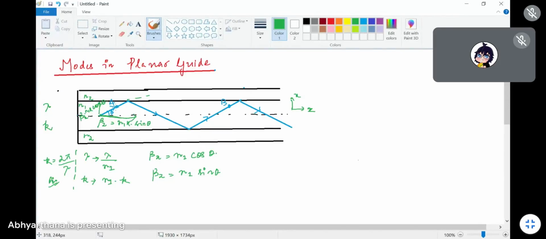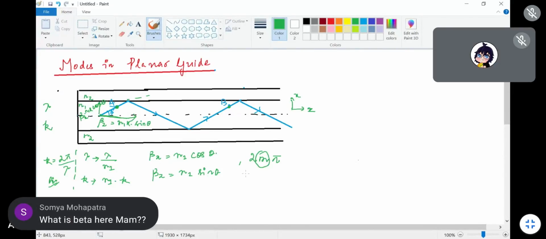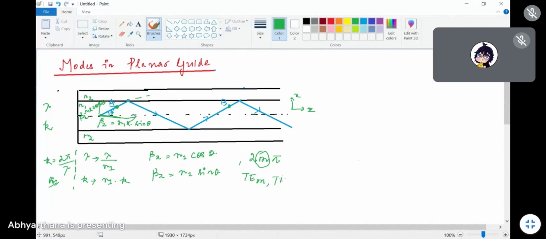So if you see from this point to this point, that is your 1, it gets here and then gets reflected, right? So here you will see that the total phase change will be equivalent to 2m pi. Now keep in mind this m: when you come across the different modes, that is your TE mode, your TM mode, you represent it like TE_m or TM_m.